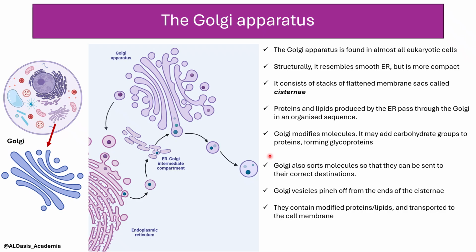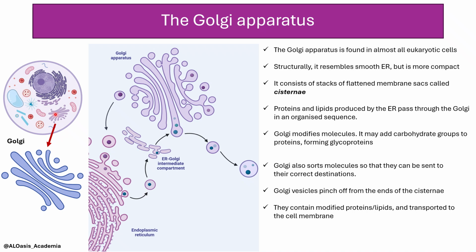Another function of the Golgi is that it sorts molecules so they can be sent to the right destination. Some of these proteins that enter the Golgi and are modified, for example, becoming glycoproteins, might need to be sent to the cell membrane. Others might be sent to another organelle inside the cell. So once they come off the Golgi here, some will go, for example, to the cell membrane, and others might go to other organelles within the cell.